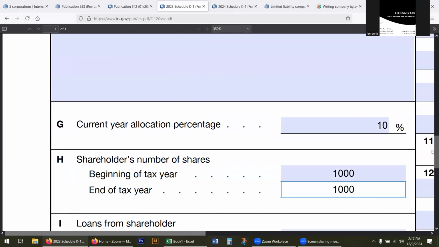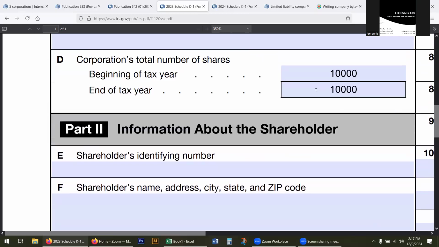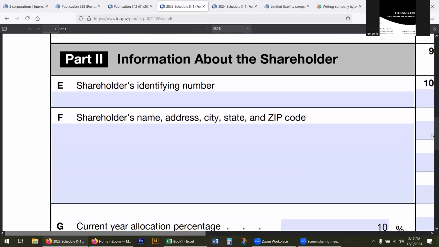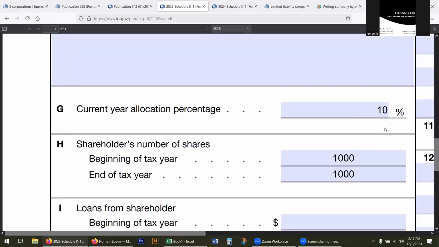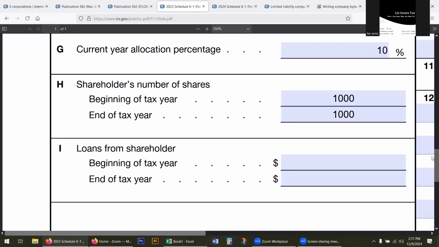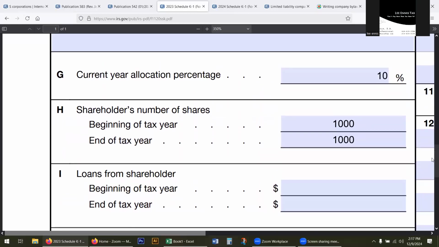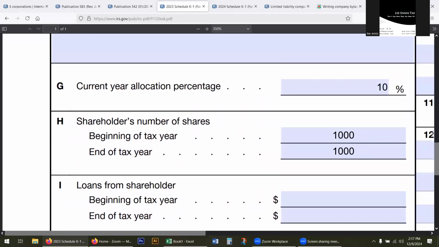Okay. And again, when you are issuing new shares, the question becomes, does the owner get those new shares? And that is something that, again, is going to be dictated by the organizing document and bylaws. We'll get to that here. If there's any loans from the shareholder, that's going to be here as well. Okay. And so these are the things that must be understood when you are deciding to invest into an S corporation, right?